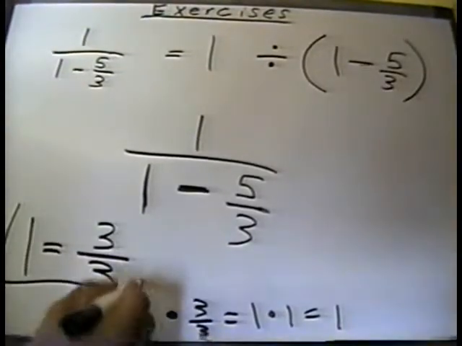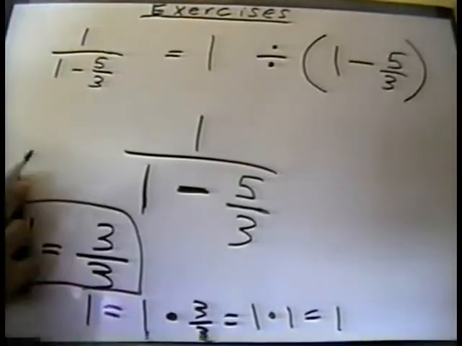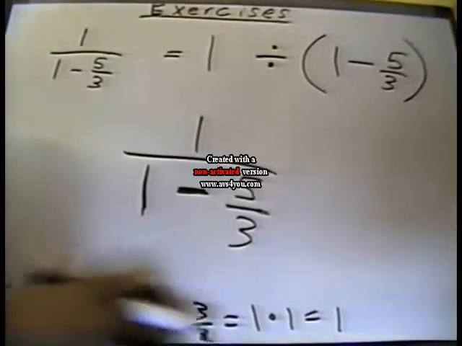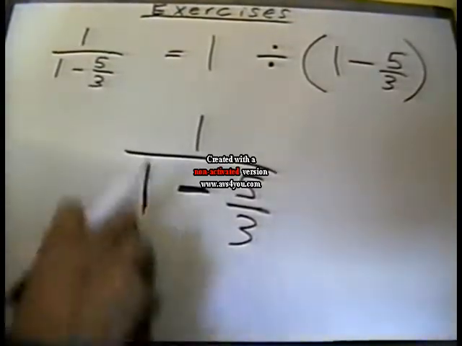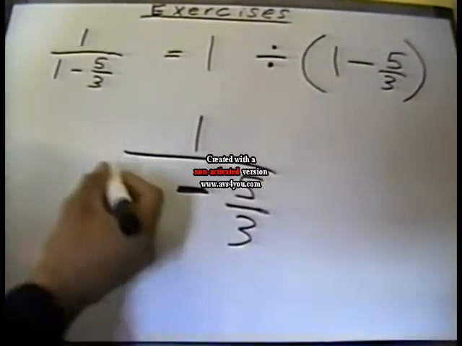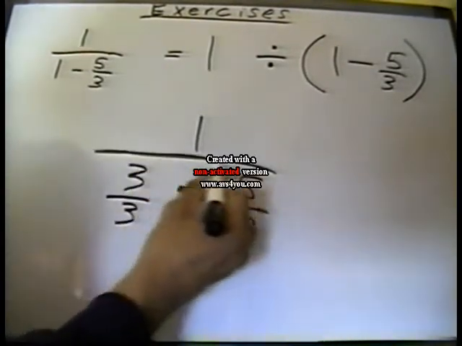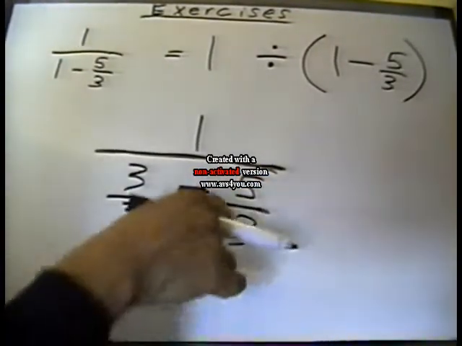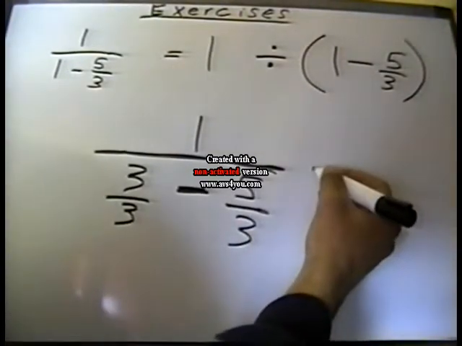And 1 times 1 equals 1. So that's what we can replace. So we can substitute 3 over 3 for this 1. Okay. So we get 3/3 minus 5/3.